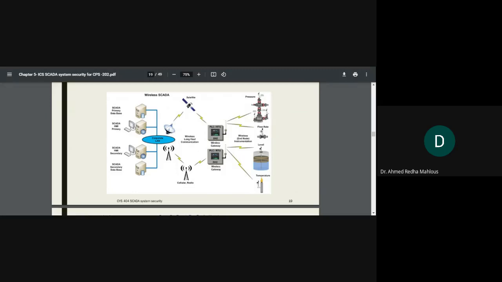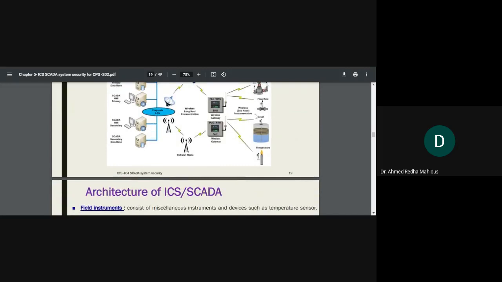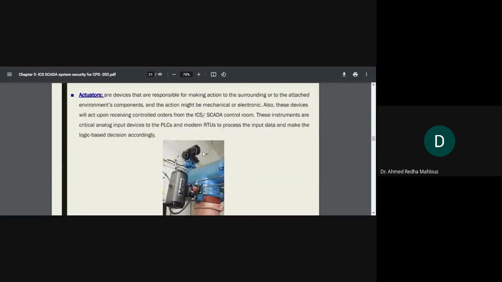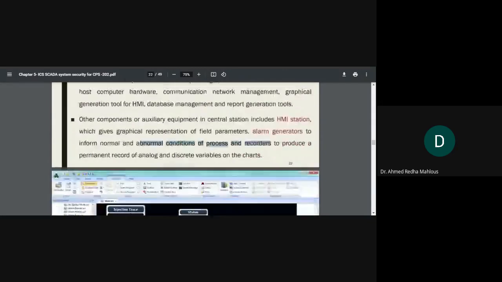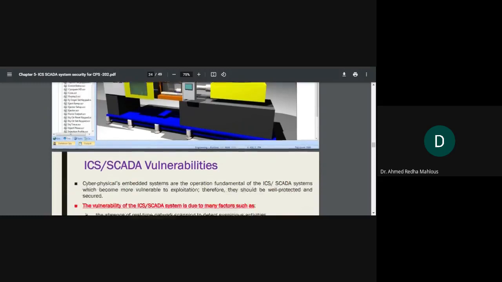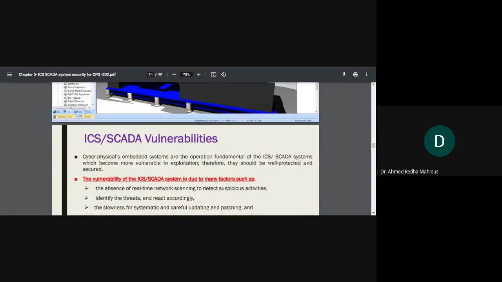So you can spot any anomalies in the reading of the data. So you can take action based on the analysis you do. Then you send your command to actuators to trigger something, whether mechanical or electronic. So these are the main architecture components that can form an ICS SCADA system.